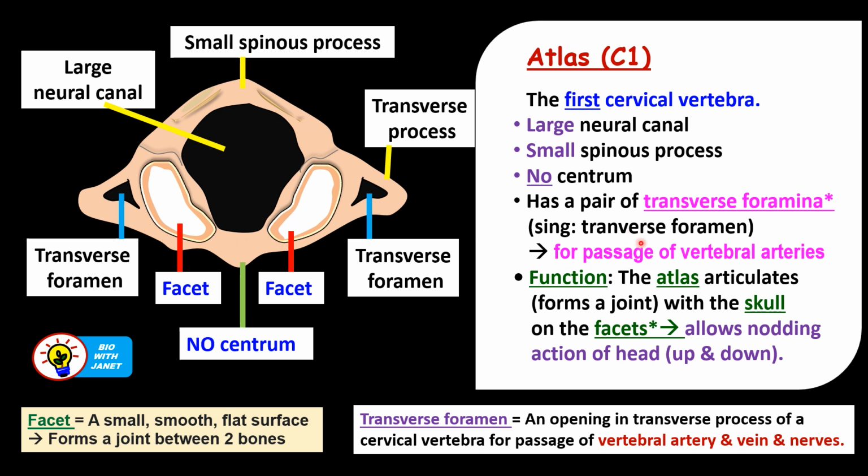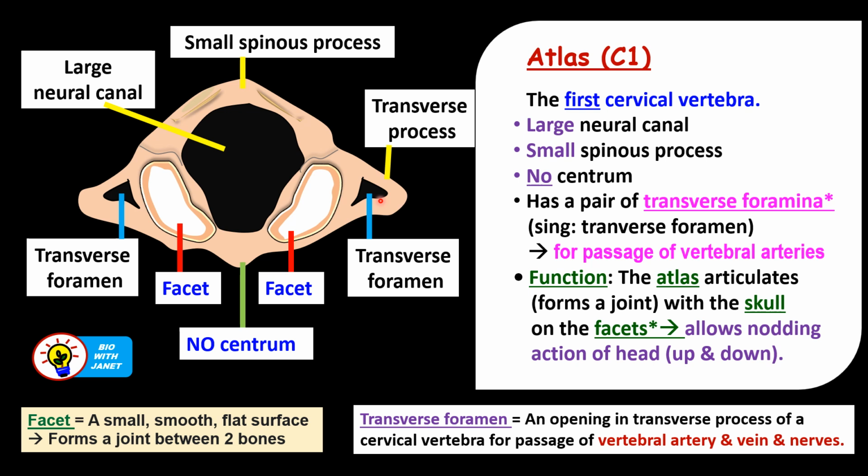And then it has a pair of transverse foramina. Okay, transverse foramina. Singular form is transverse foramen. Now, where are the transverse foramen? Here and here, on both sides of the atlas, right? So the transverse foramina are just holes for the passage of the vertebral arteries from the heart or from the aorta to the brain.